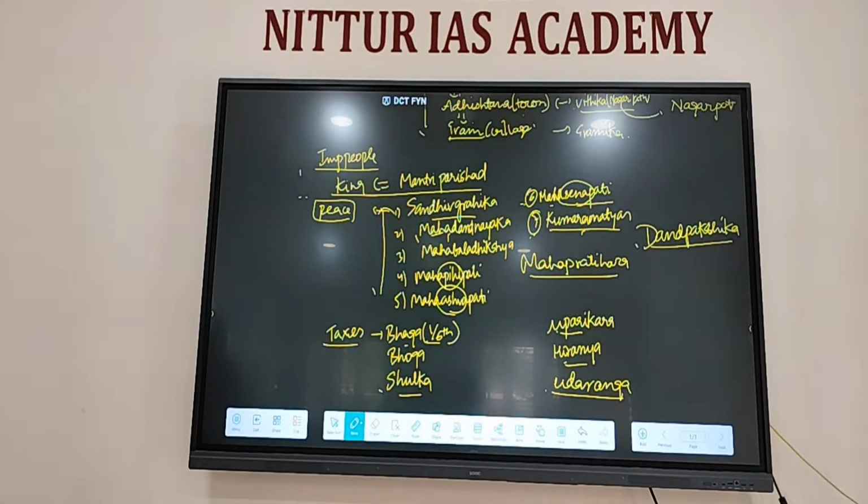Next we read on Udranga. It is an additional land tax.